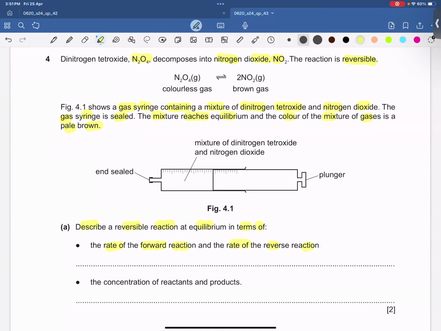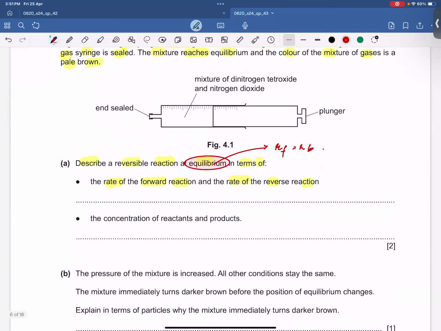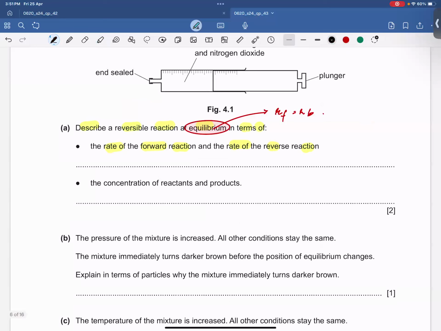So obviously when the system reaches equilibrium, the rate of forward reaction is equal to the rate of backward reaction.